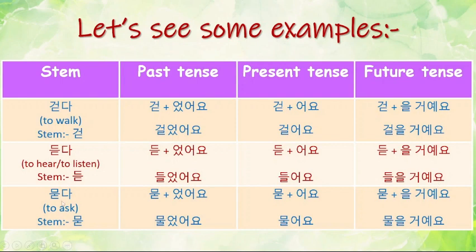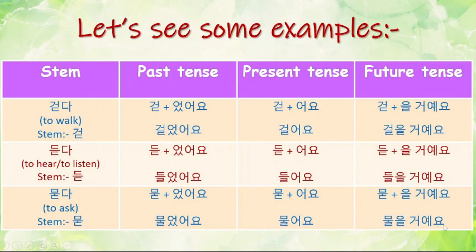Next is the verb mutta, which means to ask. Here the stem ends in tigit. So, this tigit will get replaced with lir when a vowel is coming to attach. So, in the past tense, it will be murasoyo. In the present tense, muroyo. And in the future tense, murukoyo.